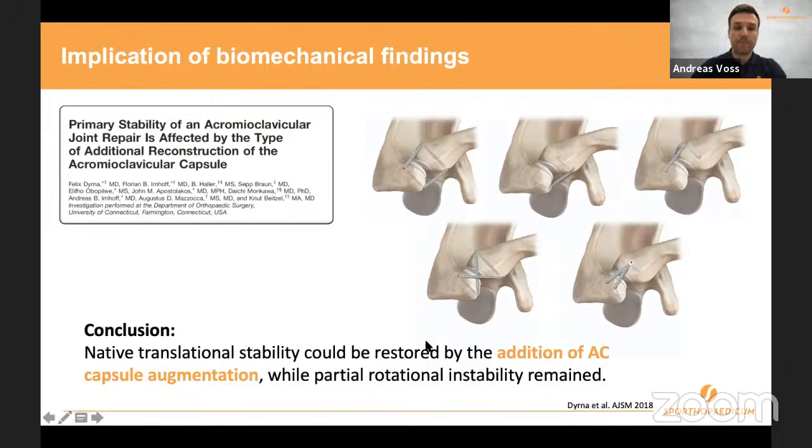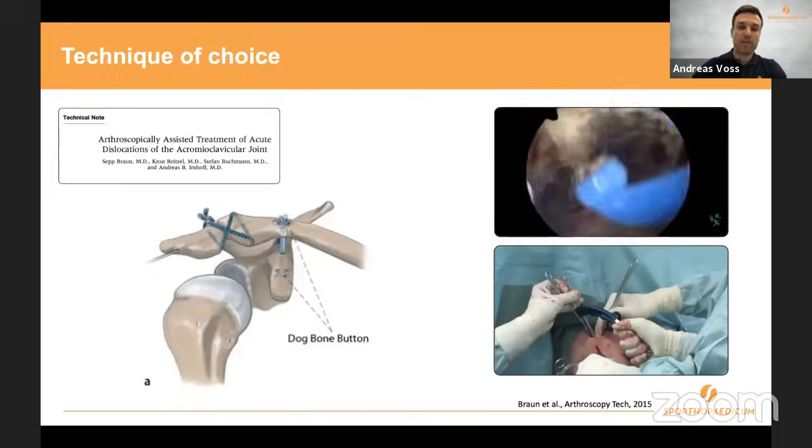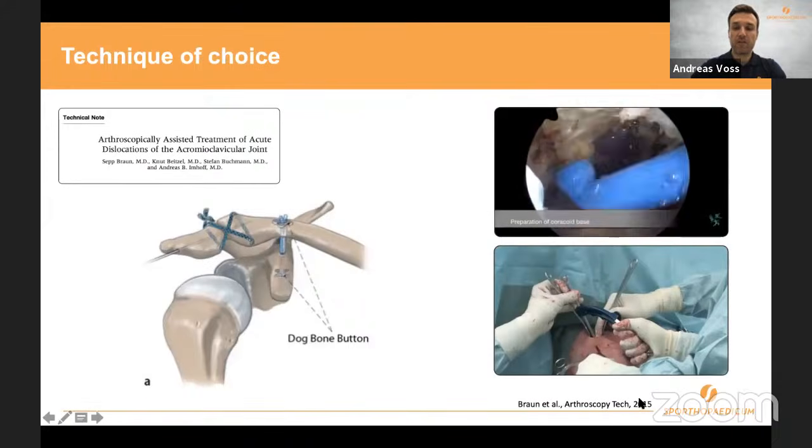But this is for the translation; the rotational stability remained only partially reconstructed. So if you have a high-grade AC joint dislocation, I really recommend to also address the AC joint using a cerclage, whatever material or implant you're using. So this is a technique of choice. This is one which has been published in 2015.